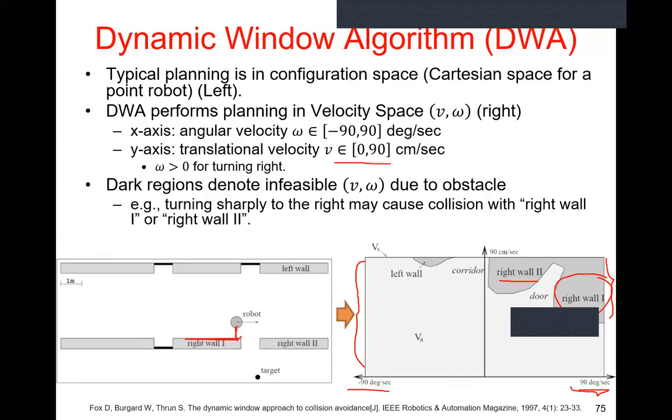It means that in this region, the combination of V and omega is infeasible. In this right wall 2 region, it means that if you have a high translational velocity with a small angular velocity, you may run into the right wall here. So that's also a collision situation. So in this V omega space, you can mark out the regions which are infeasible, and the white regions are feasible regions. And then you plan in this space.